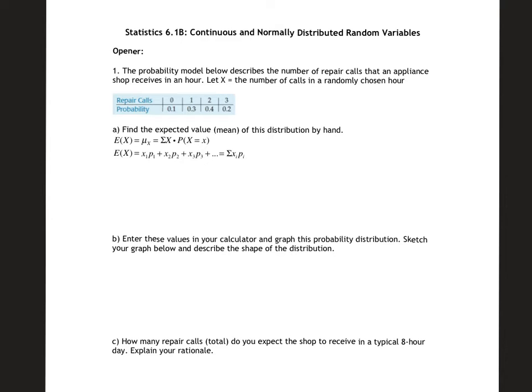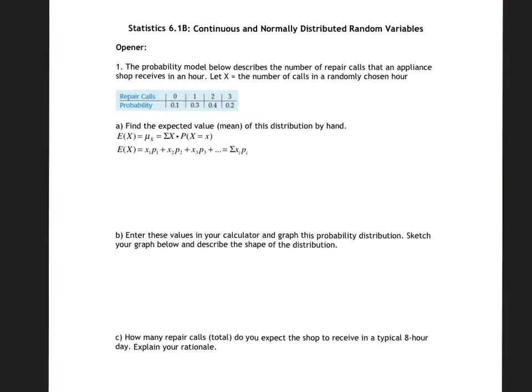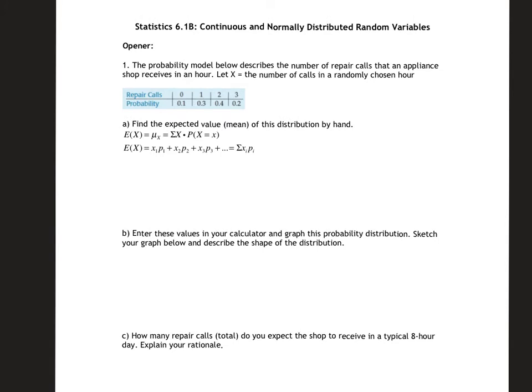When we talk about the expected value, that's our mean. This mu of x, that looks kind of like a weird u, stands for the population mean. So instead of a sample, we're using this to describe the mean of a particular population. To find that mean, we do the expected value, which is really like a weighted average.